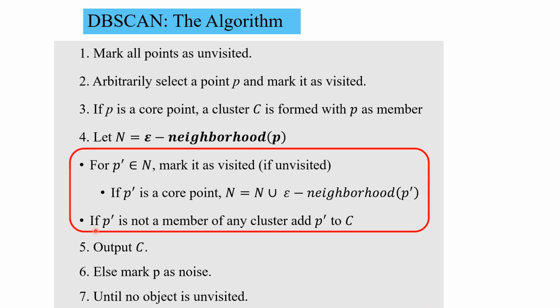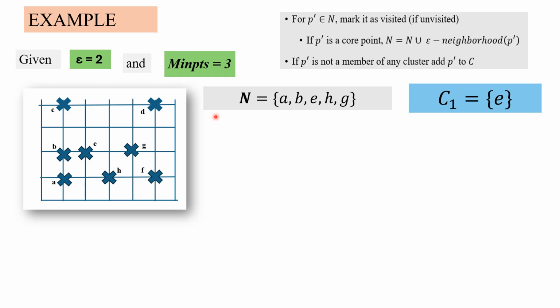Now, see here, this step 4 will need the processing of all the members in N, and as you can see in this bullet here, if P dash is a core point, N equal to N union epsilon neighborhood of P dash. So N will go on expanding also. So this step 4 will take several iterations, as we'll see. So we are writing the steps here, for convenience of understanding. So what is our state now? N is A, B, E, H, G, and C1 is E.